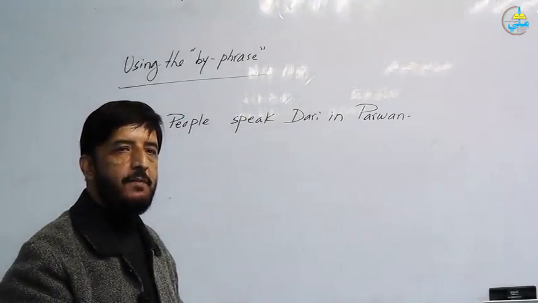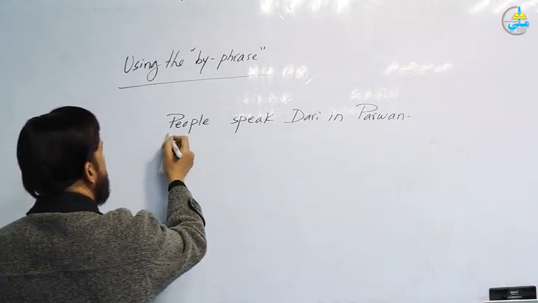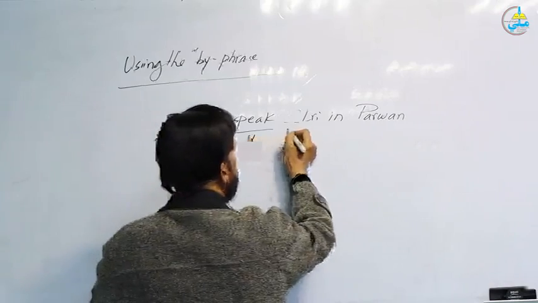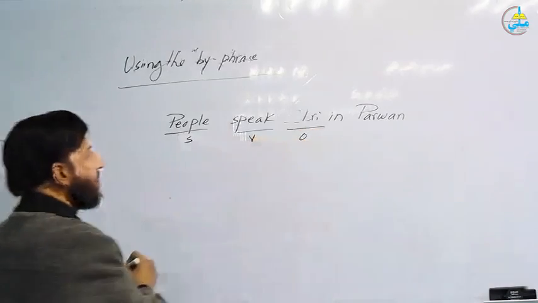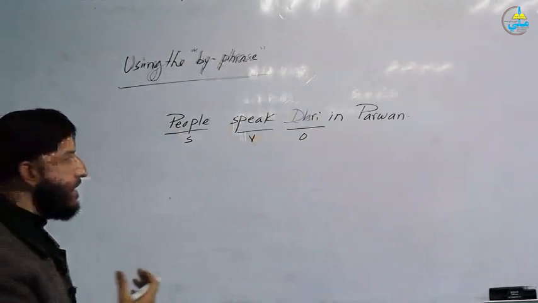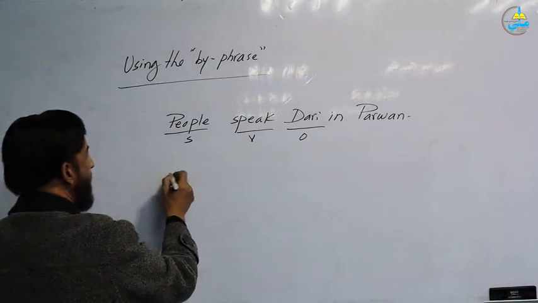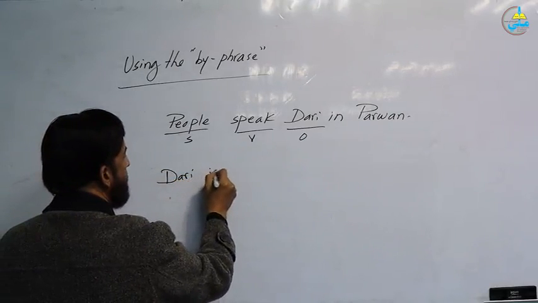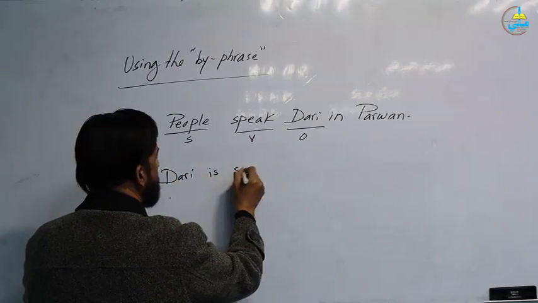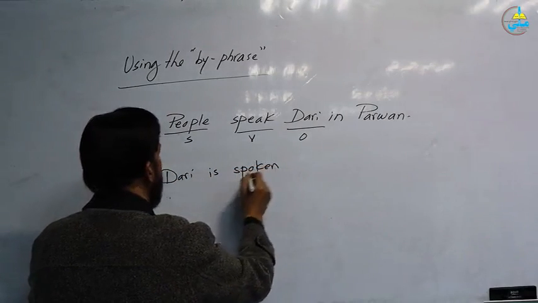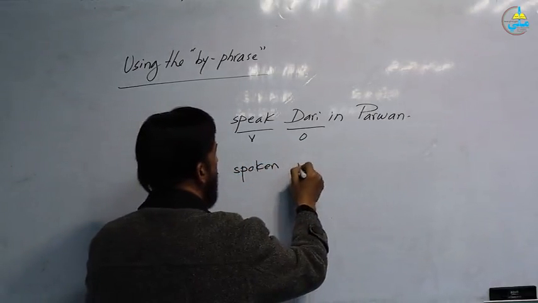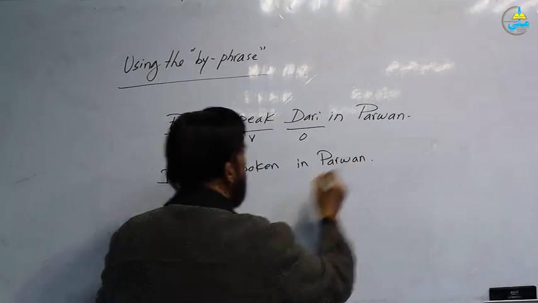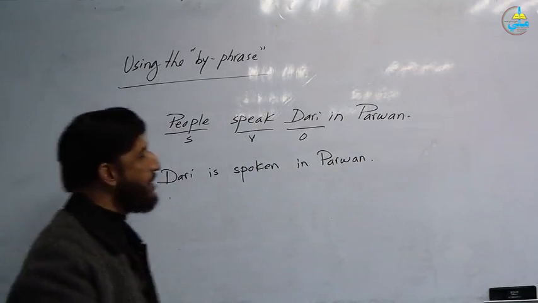People subject, verb, Dari object. So, if we change it to passive, we bring Dari here as subject. Dari is the third form of speak, spoken. Spoken in Parwan. Dari is spoken in Parwan.